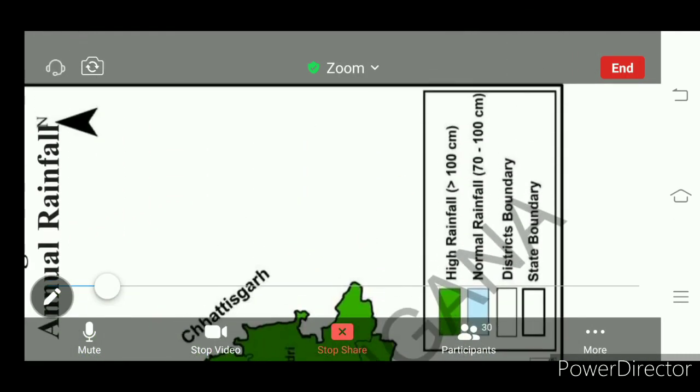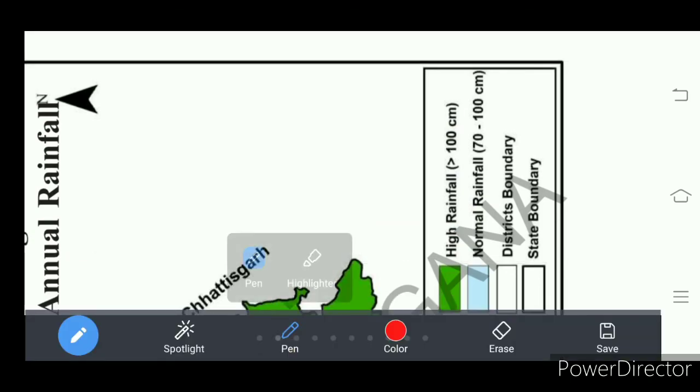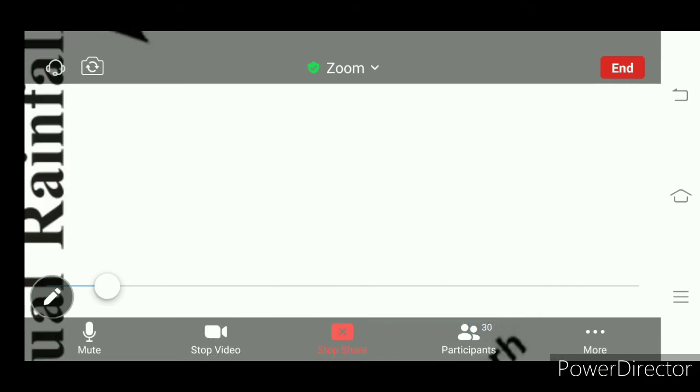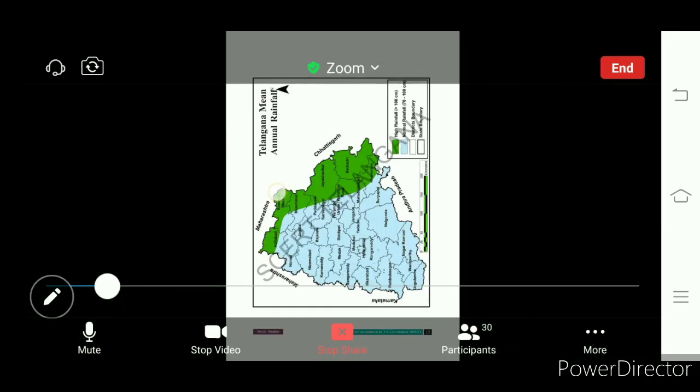Right, here the index is also given. Let me show the index, this one. And normal rainfall, 70 to 100 centimeters, is shown with blue. So it is a thematic map.